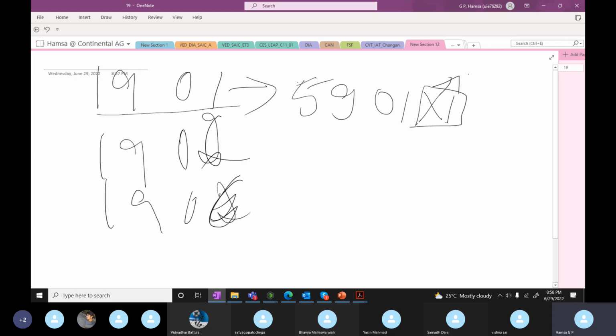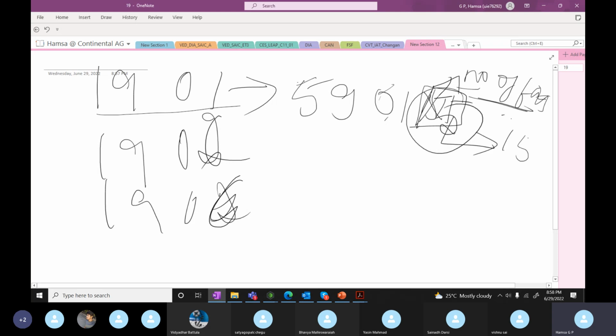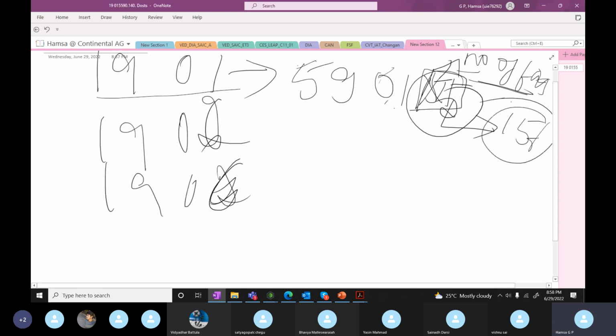This will provide the number of faults. Whenever you request 1901, you will get how many faults are present in the system, but not what the faults are. You will just get, okay, there are 15. If the number is 15, it means there are 15 faults present in the system.